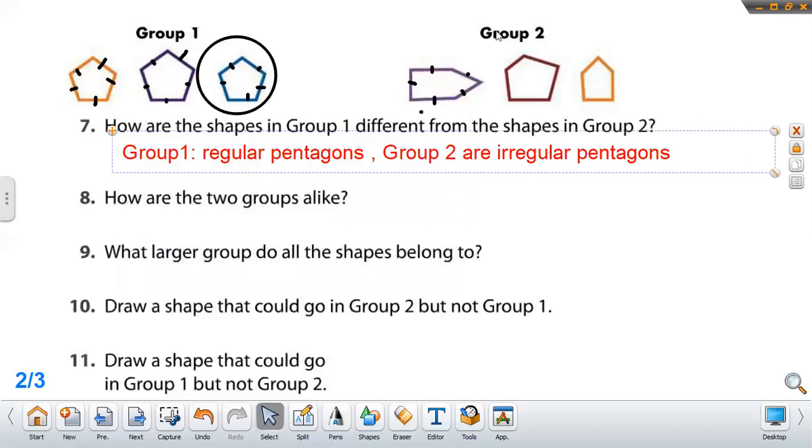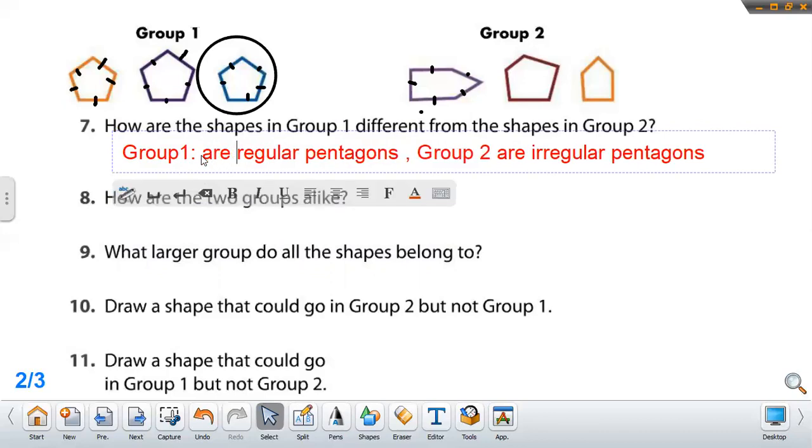So group number 1 are regular pentagons, and group number 2 are irregular pentagons.